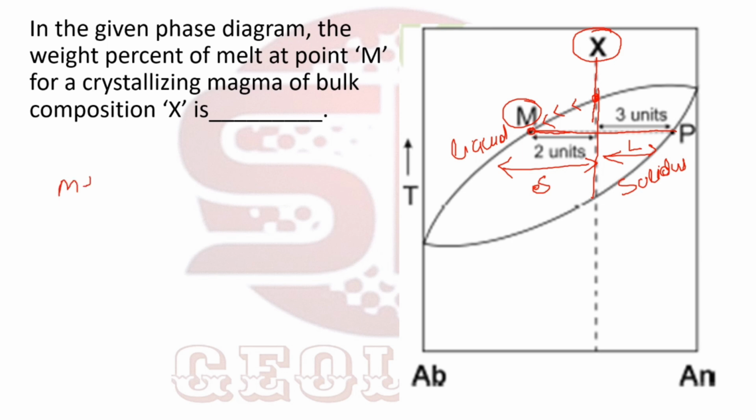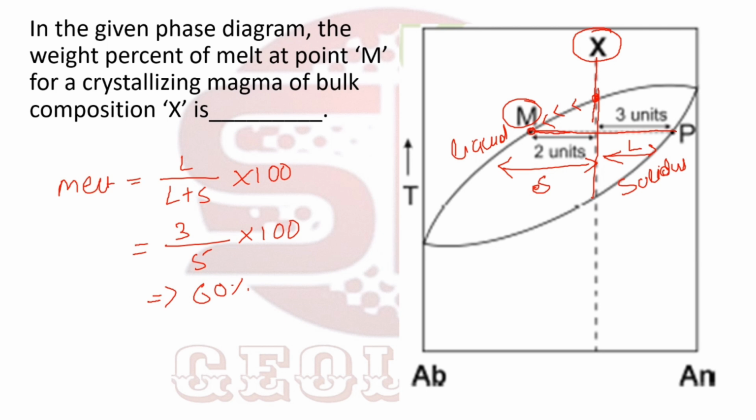So the melt percentage will be liquid divided by liquid plus solid, into 100. So the value of the liquid segment is given as 3, divided by the liquid and solid segments that add up to 5, into 100. So it will be 60%. So the melt percentage will be 60%. Answer will be 60%.